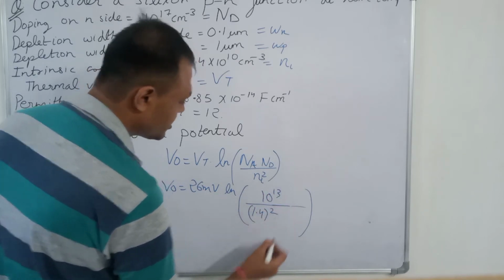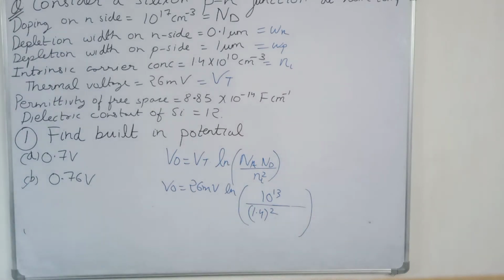Because we are using a virtual calculator, we have to save our time, so these calculations we should do manually. Now we can use the virtual calculator to calculate this. So ln of 10 to the power 13 divided by 1.4 square.